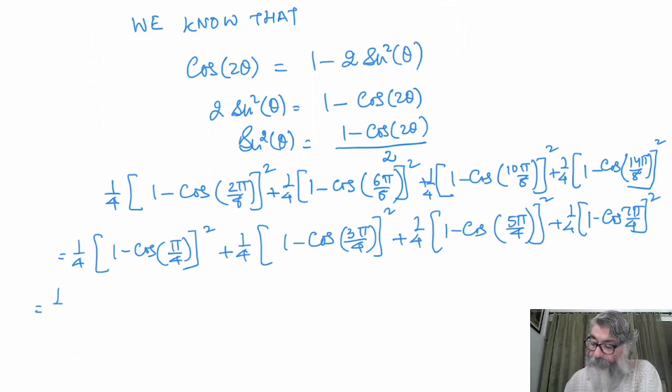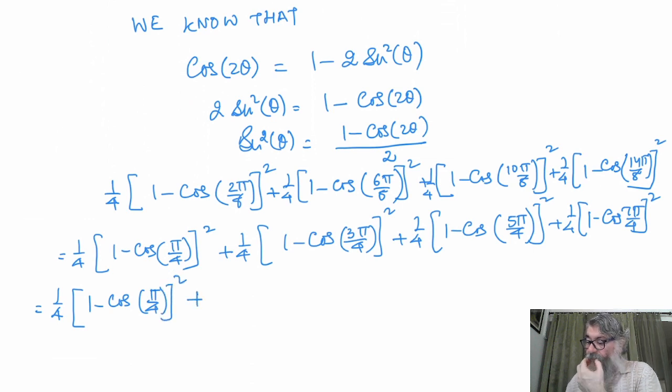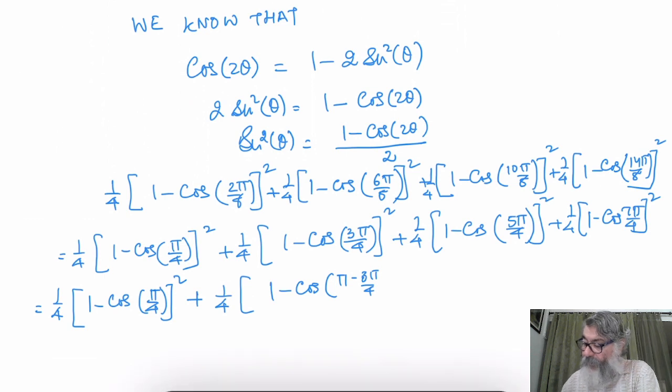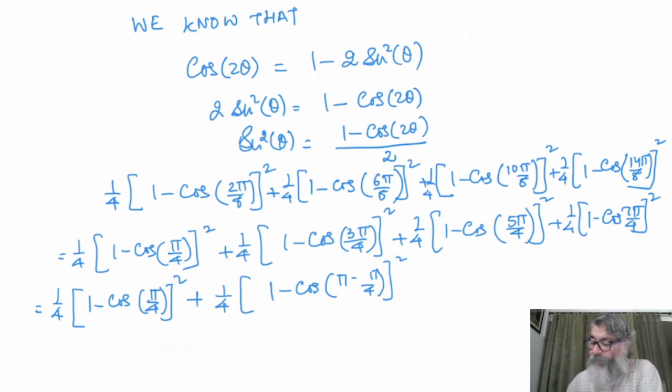Now it will be 1 upon 4, 1 minus cos pi by 4 to the power 2, plus 1 upon 4, I can write this as 1 minus cos of pi minus pi by 4. Pi minus pi by 4 will become 3 pi by 4.